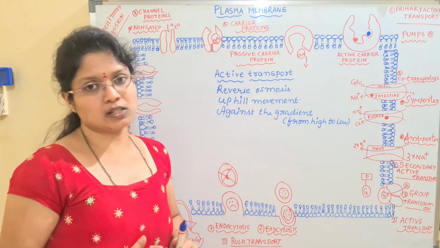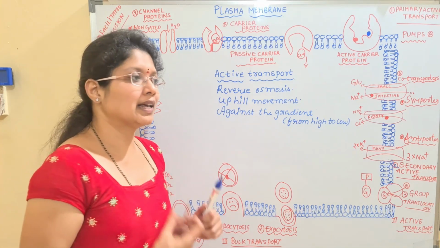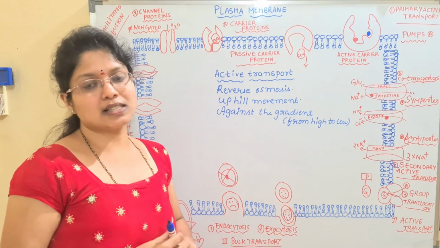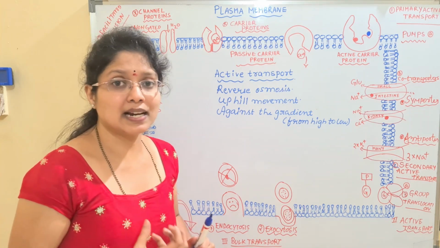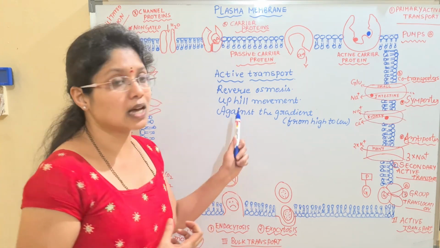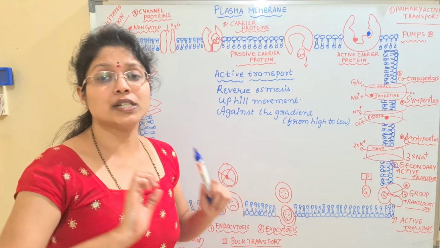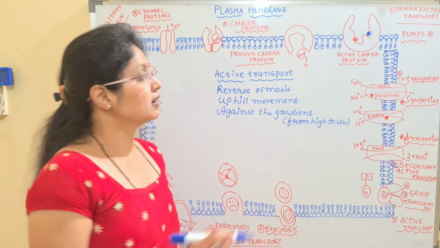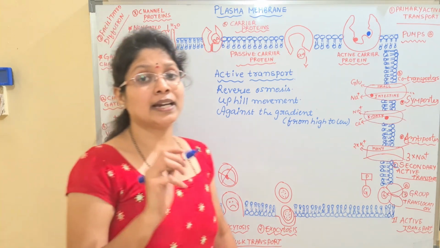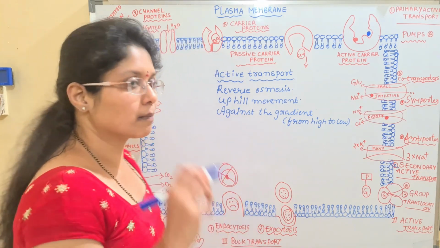Okay, so we have only one source inside our body or any animal. The energy currency is ATP, and these ATP molecules are present inside the cell and are used for pushing molecules against the concentration gradient. So in active transport, ATP is very essential.